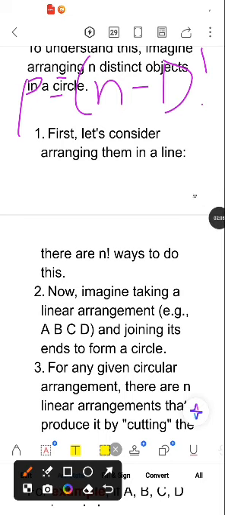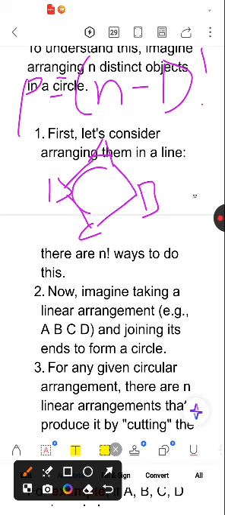Let's say we have a circle. So we have A, B, C, and then D. We can join them end to end, and then arrange them around a circular table. Now we can get 4 different linear permutations from this.